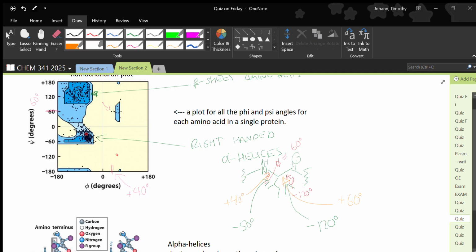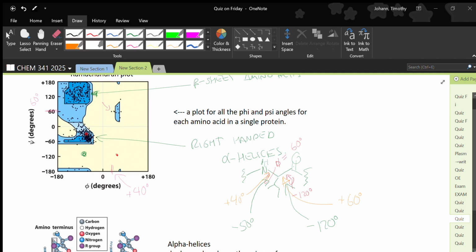I'd tell you which is phi and which is psi, because I just said I want you to memorize that. So minus 50 is about here, and minus 120 is about here. So it's out here, and it isn't a real regular structure. It's something really weird.